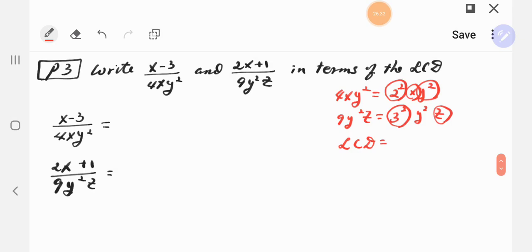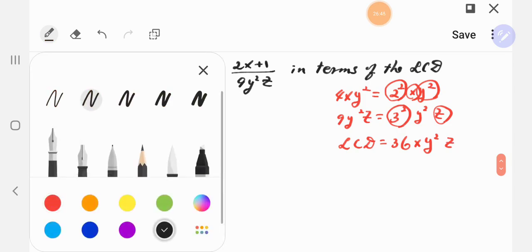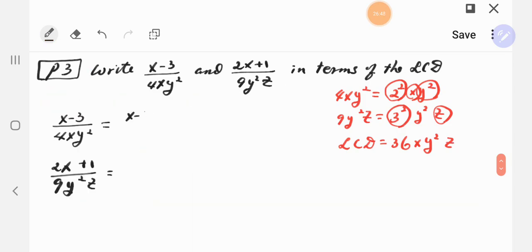So 2 squared is 4 and 3 squared is 9, so 4 times 9 is 36 x y squared z, which is the LCD. So let's rewrite each expression in terms of the LCD.